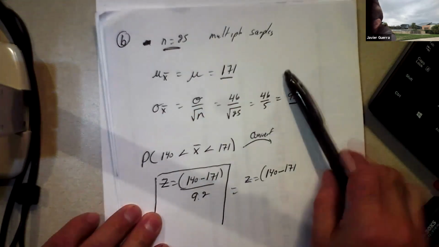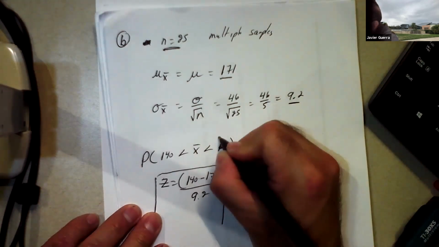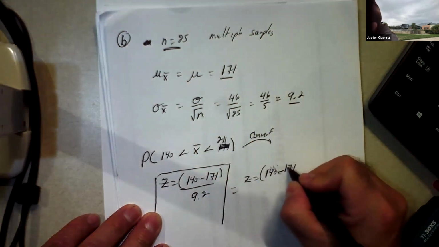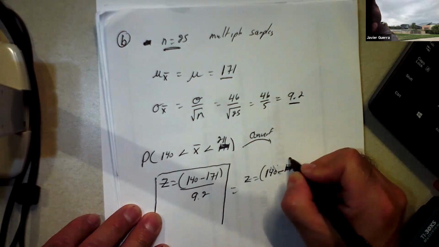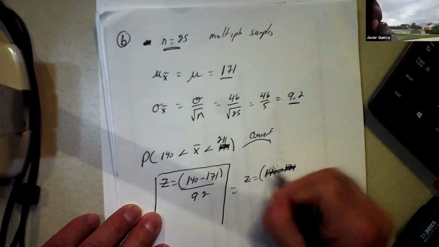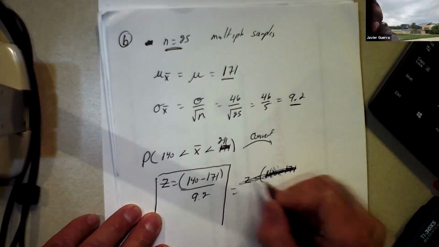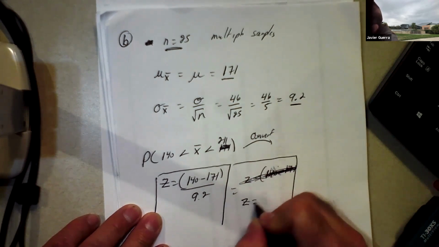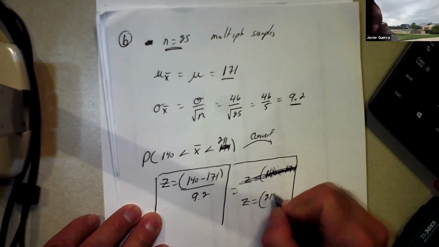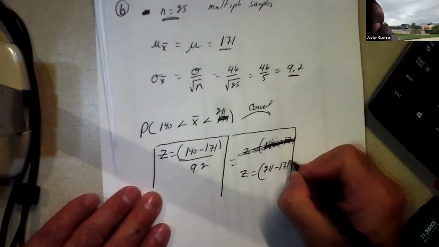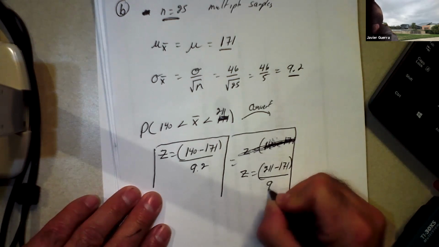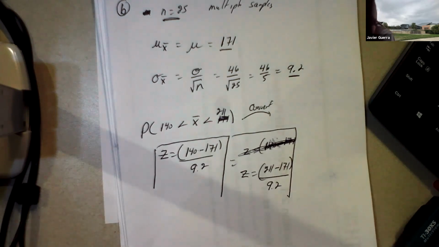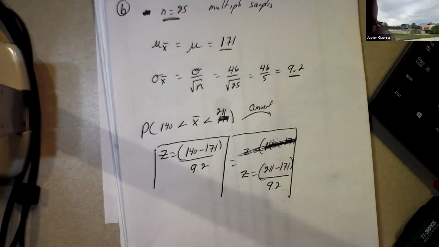Oh, it's 211. I messed up. Z equals 211 minus 171. There you go. Yeah, that's better.